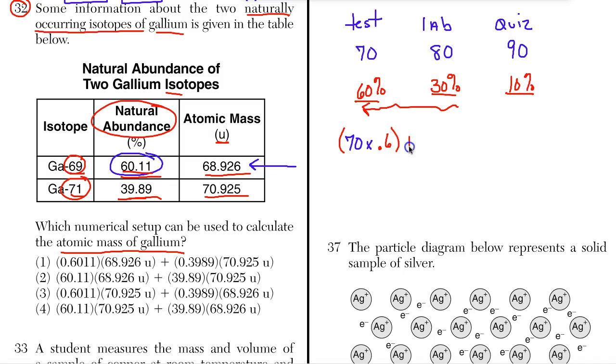I'm going to add it, which seems weird, but we're going to add it to 30% of 80, so 80 times 0.3, same reasoning. Add it to 10% of 90, so 90 times 0.1.